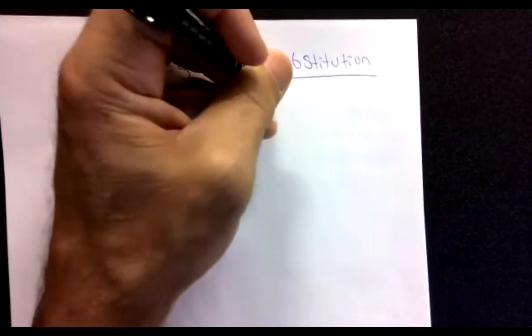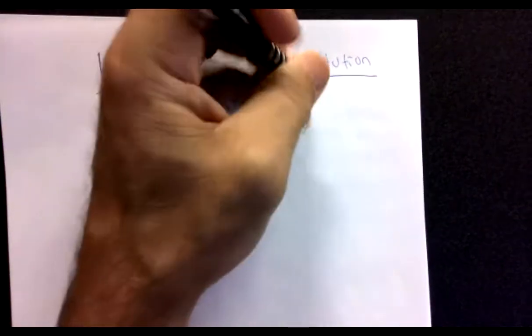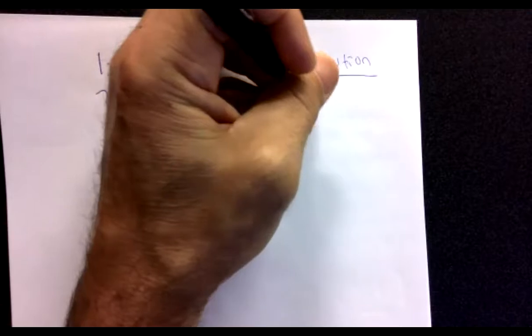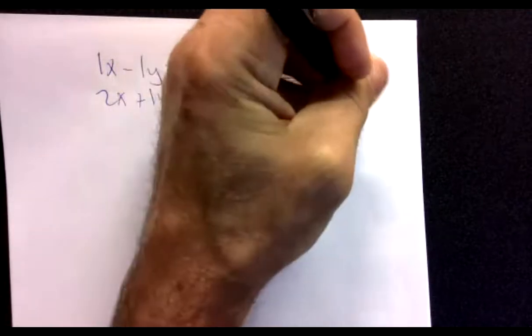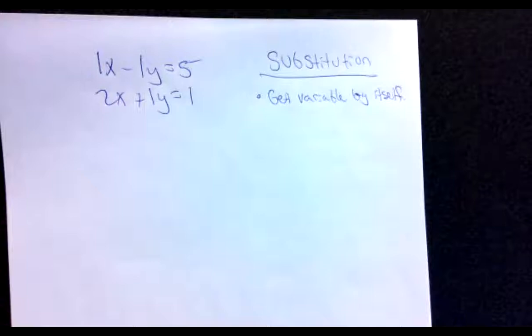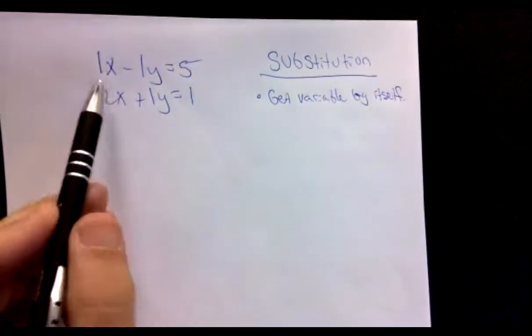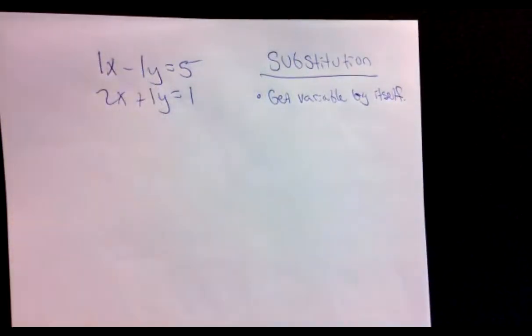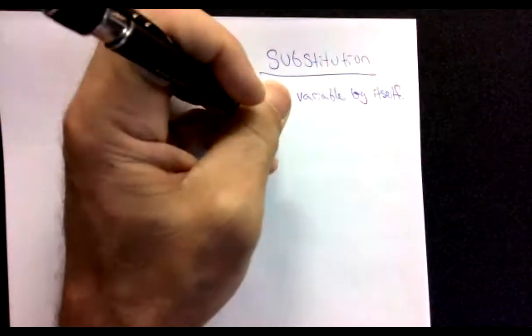So substitution is you want to use algebra to get a variable by itself. Doesn't matter which one. And in a system, you've got two X's and you've got two Y's to choose from, typically. So you're just trying to get one of those variables by itself. And here's the trick.